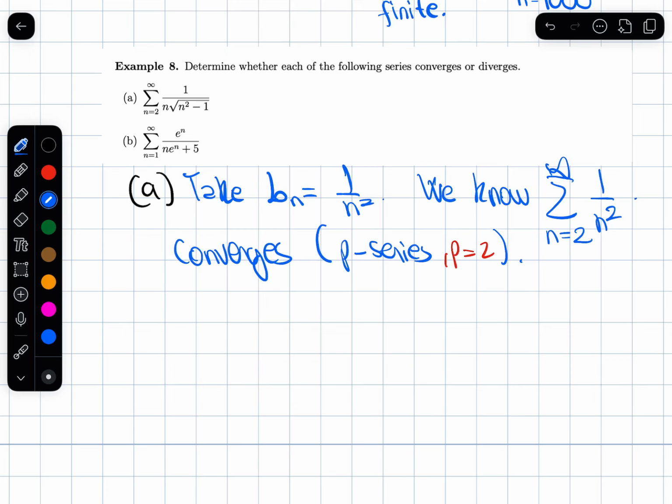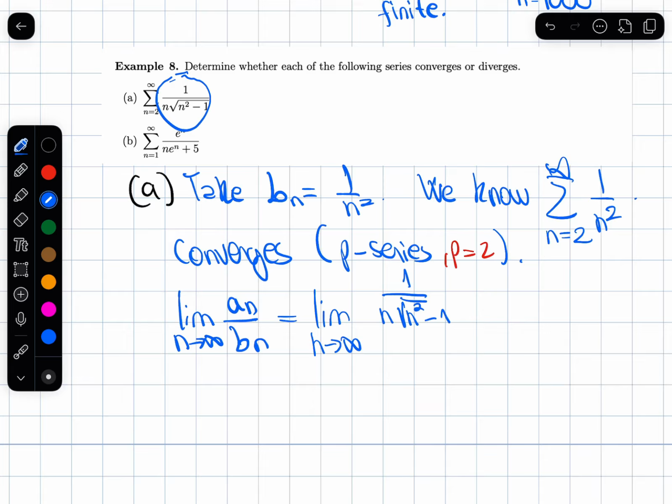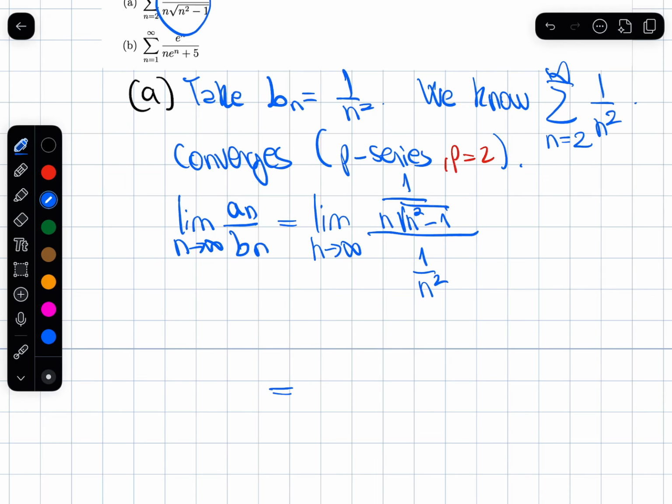Now, what I do is I take the limit. Let's do an over bn. An is going to be this one. And the other is going to be this one. So let's solve this limit as normal, as if we were back in calculus 1.